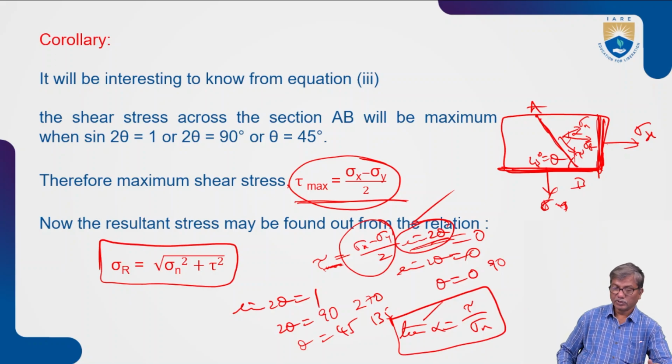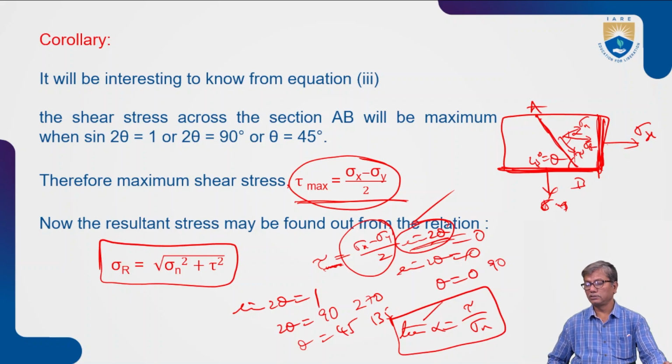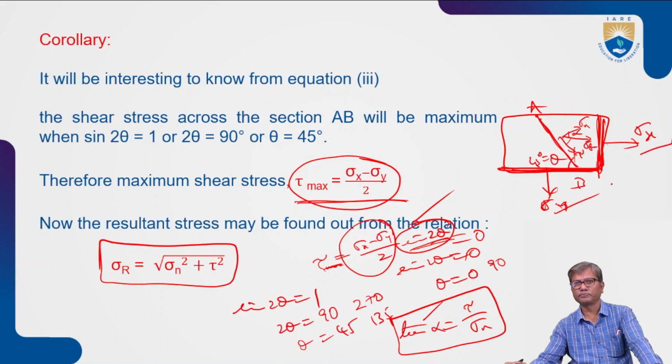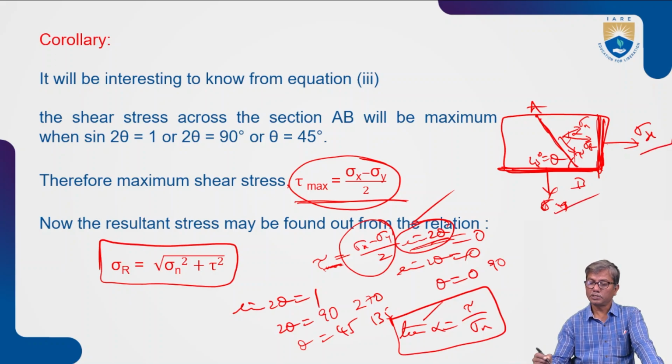Yeah. So that's how we'll find out the stresses on an oblique plane when the body is subjected to biaxial stresses. Both are tensile here. One of them may be compressive, or both may be compressive. When it is compressive, we will take negative sign in this expression. If sigma x is compressive, then we will take negative sign here.